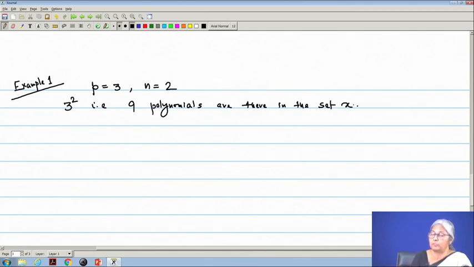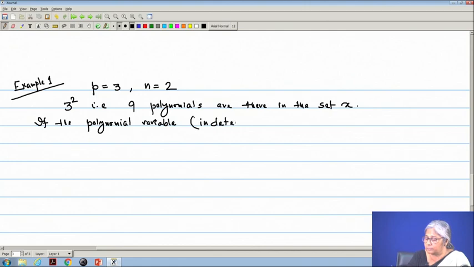So, if we consider the polynomial variable, normally we call the indeterminate, is x, then what are the polynomials?